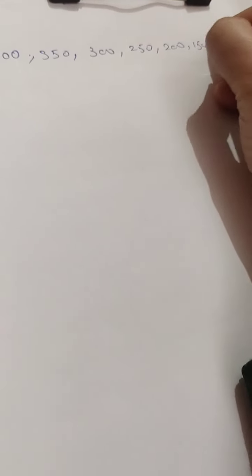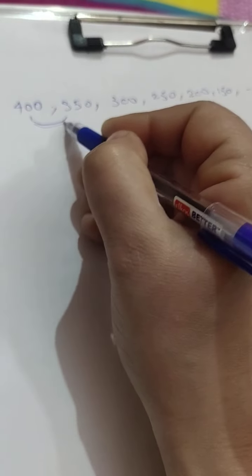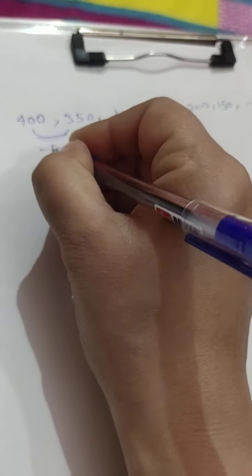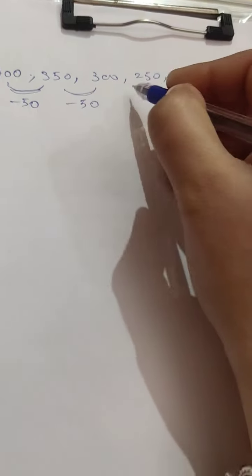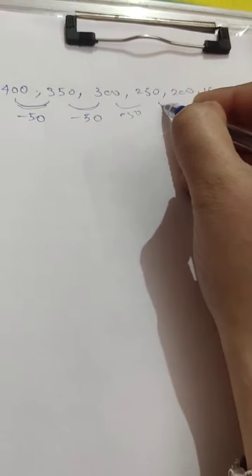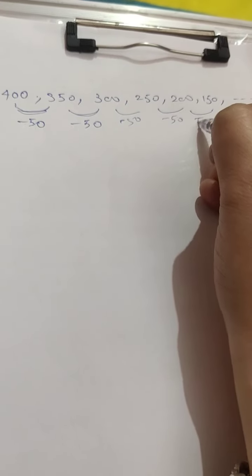Okay, similarly in this one we have the given series 400, 350, 300, 250, 200, 150, and we have to calculate the next term. Then we can see from here that the difference is 50, and here is also the difference of 50. Here 50, here 50, here 50.